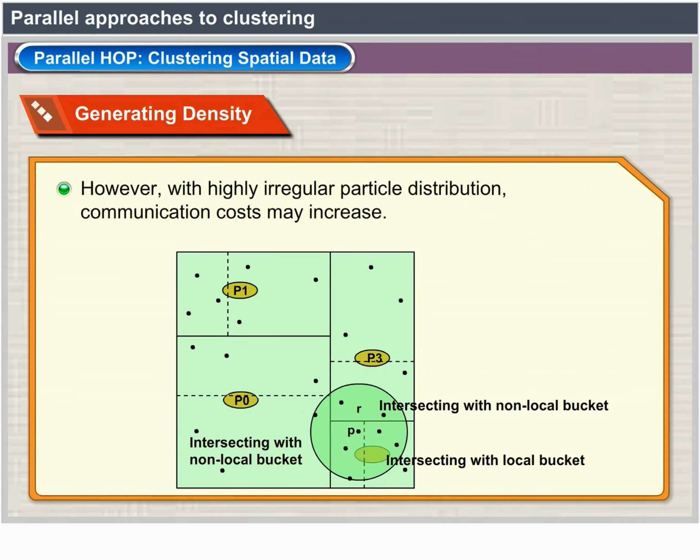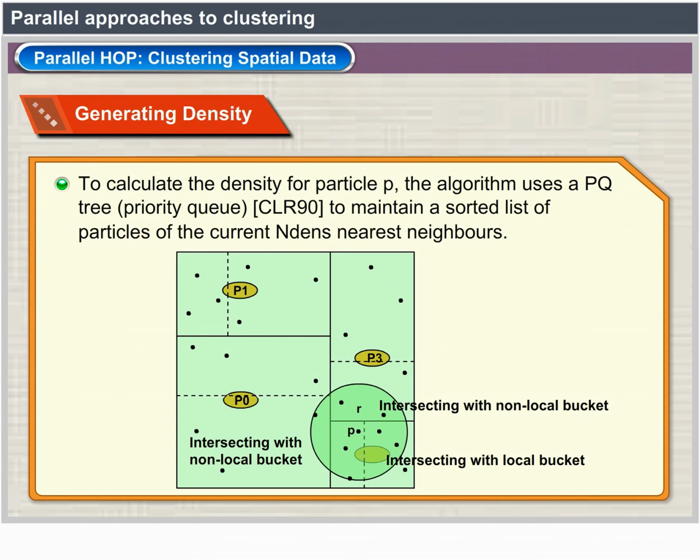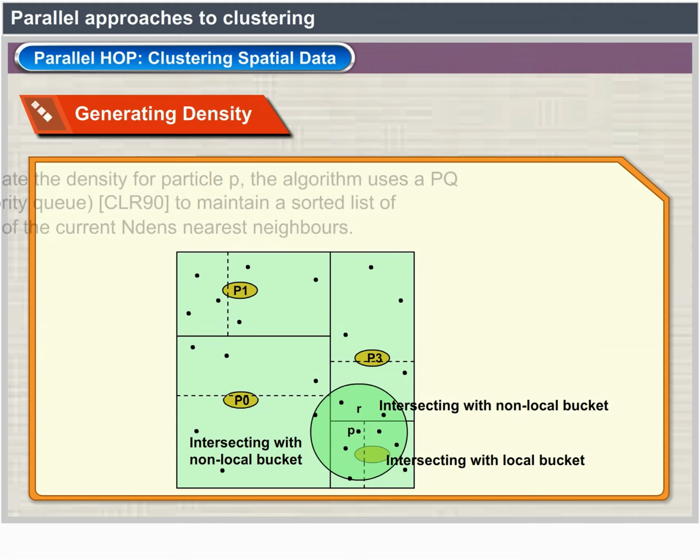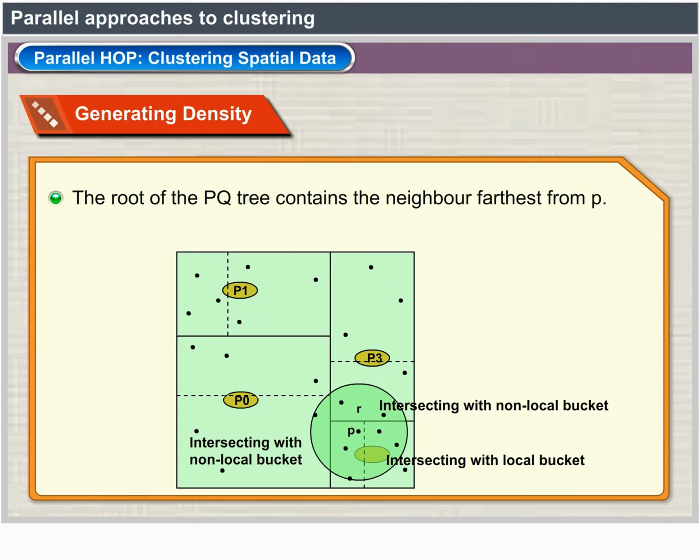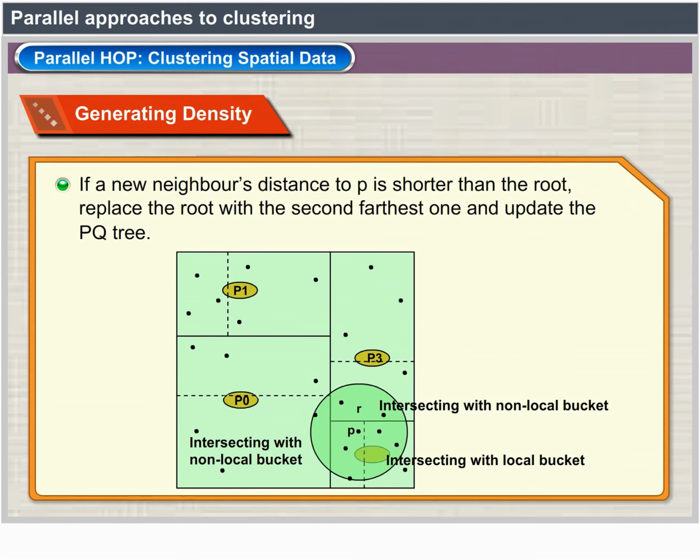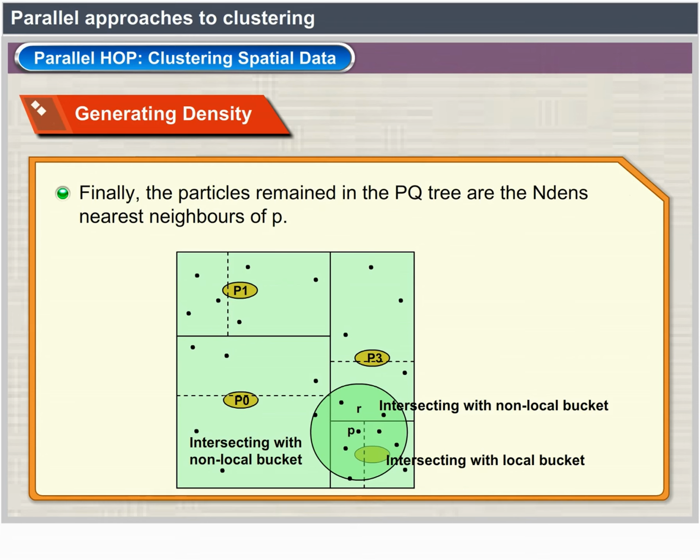To calculate the density for particle P, the algorithm uses a PQ tree, a priority queue, to maintain a sorted list of particles that are currently the n-dense nearest neighbors. The root of the PQ tree contains the neighbor farthest from P. If a new neighbor whose distance to P is shorter than the root's replaces the root with the second farthest one and updates the PQ tree. Finally, the particles remaining in the PQ tree are the n-dense nearest neighbors of P.